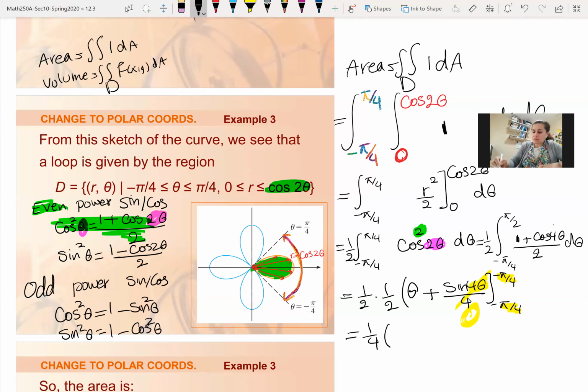So all I need is just to plug in for pi over 4. That was plus. Pi over 4 minus negative pi over 4 is pi over 2. So it's pi over 8.